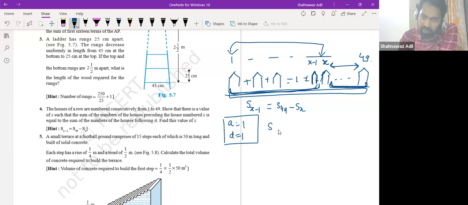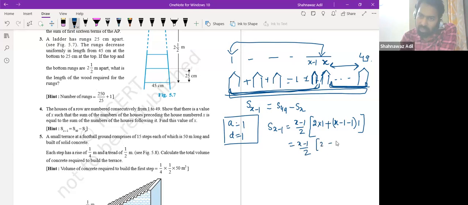S(x minus 1) would be n by 2 into 2a plus (n minus 1) d, which is x minus 1 by 2 into 2 plus x minus 2. So this cancels, and this is x minus 1 by 2 into x. Right?